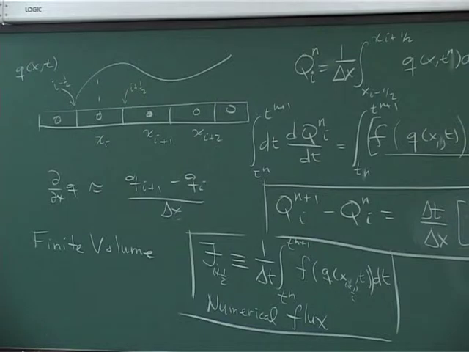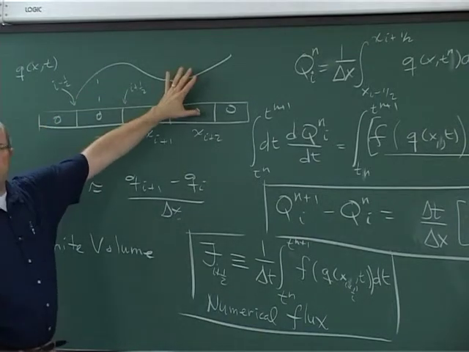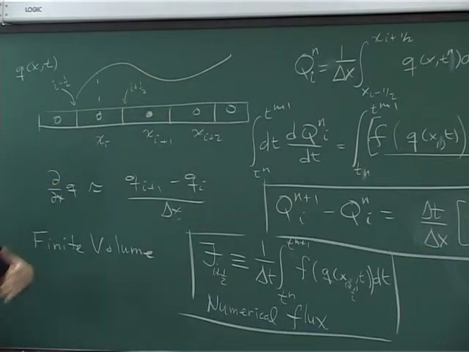How would I know if capital Q really is conserved? I imagine I set some function here, maybe this is a fluid, and we let it evolve in time, and it shocks, it moves around, it's dynamic. How could I show that it really maintains discretely a conservation law?